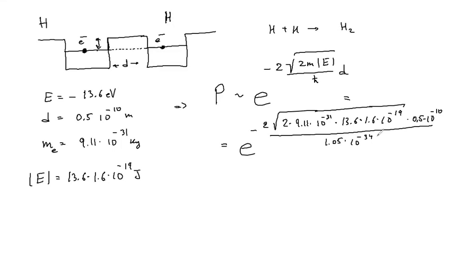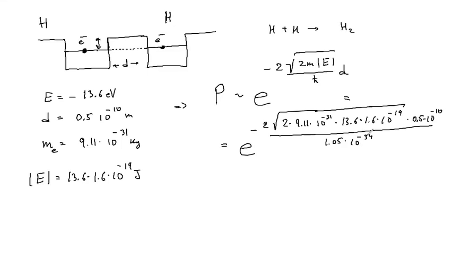So all units are standard units in the international system: kilograms, joules, meters, and Planck constant. Okay, can you help me?